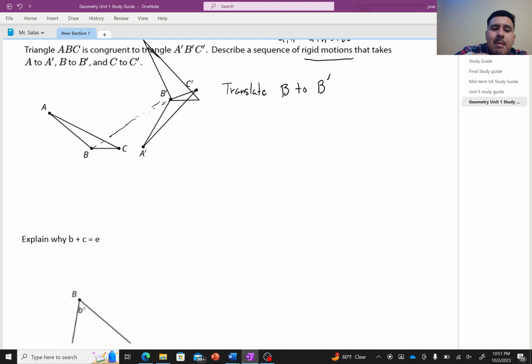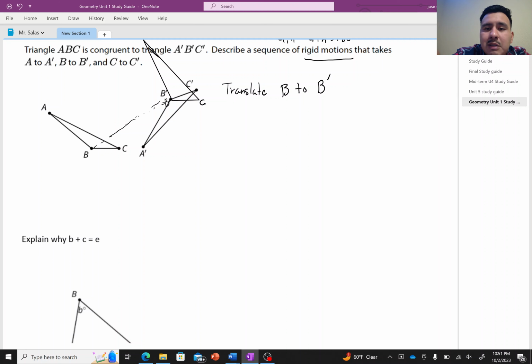So now that B prime is over here with B, what can I do to get C to line up with C prime and A to line up with A prime? I'm going to go ahead, take this line BC, and I'm going to reflect my triangle downwards.